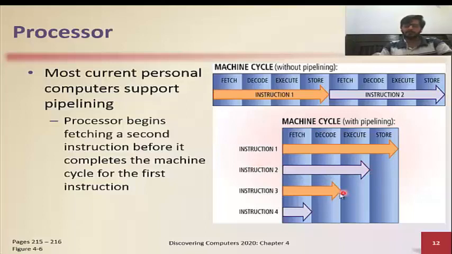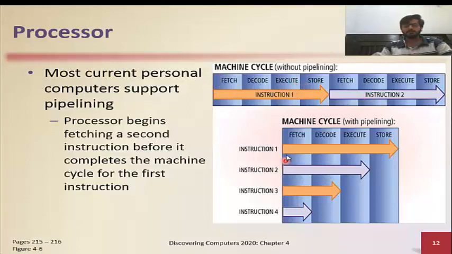Similarly the CU fetches the fourth instruction. So that is a simultaneous operation. We also call it parallel processing. Everything is happening in a parallel way, unlike serial communication.